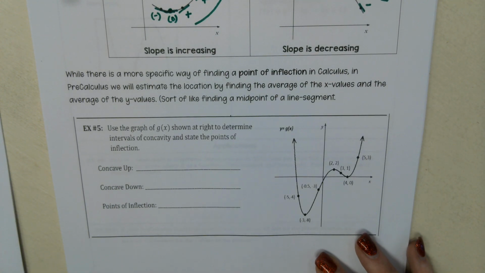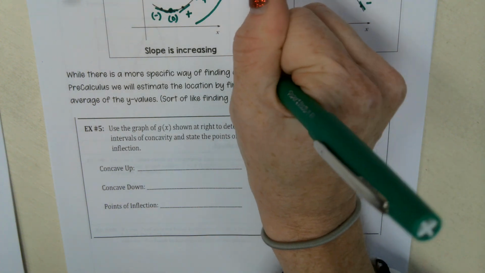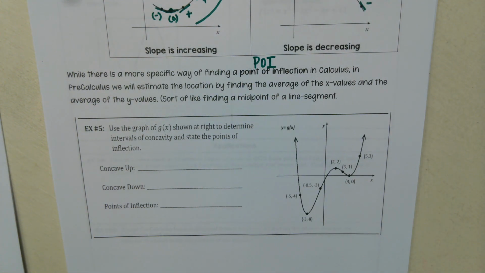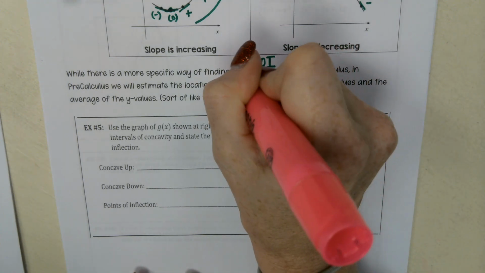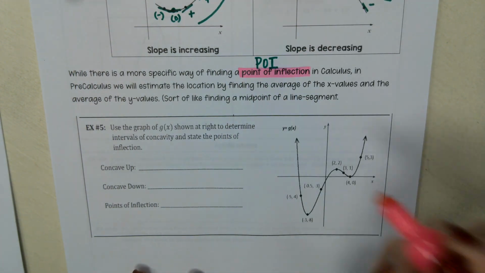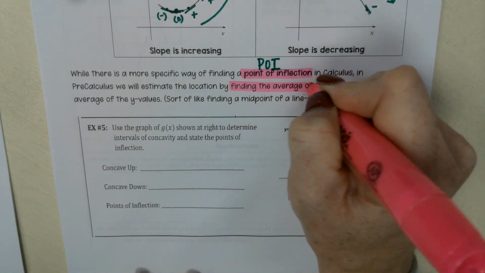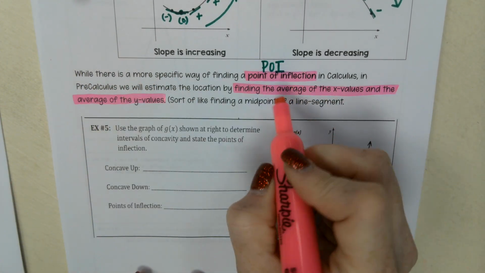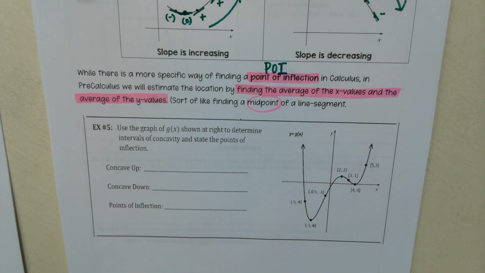While there is a more specific way of finding a point of inflection, we do abbreviate that a POI. In pre-calculus, we're just going to estimate. We're just going to estimate the point of inflection by finding the average of the x values and the average of the y values. It's kind of like finding a midpoint.